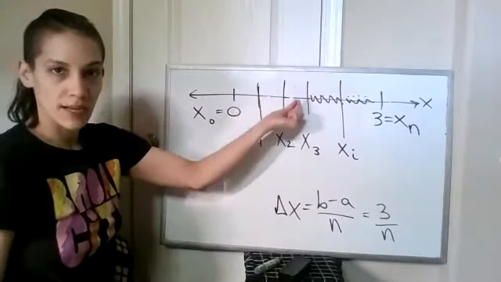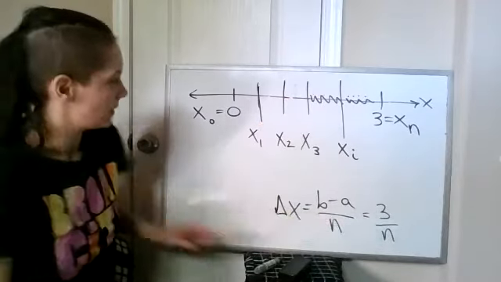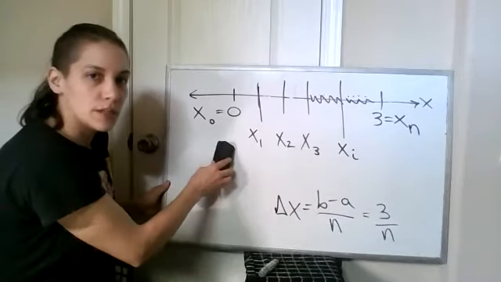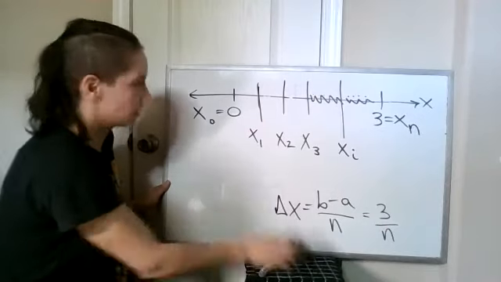Each interval has a width of delta x, so a width of 3 over n. This time, since you're starting at 0, we'll go from 0, add 3 over n, which means x sub 1 is equal to 3 over n.